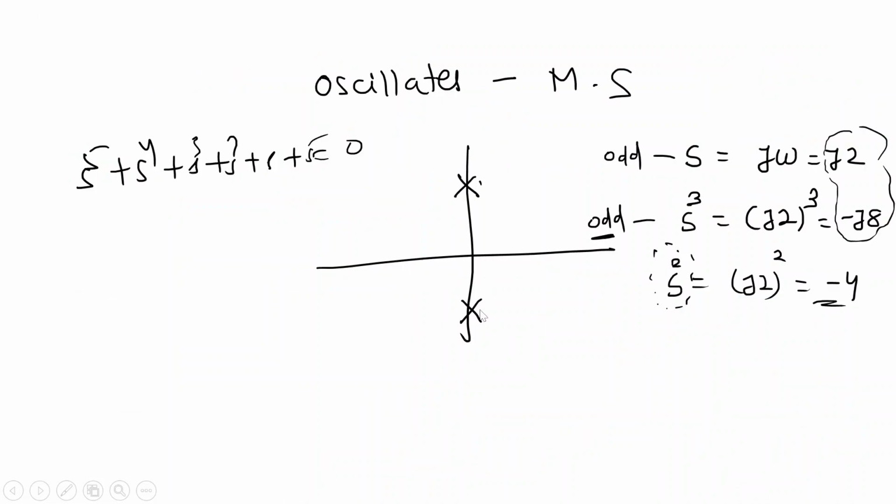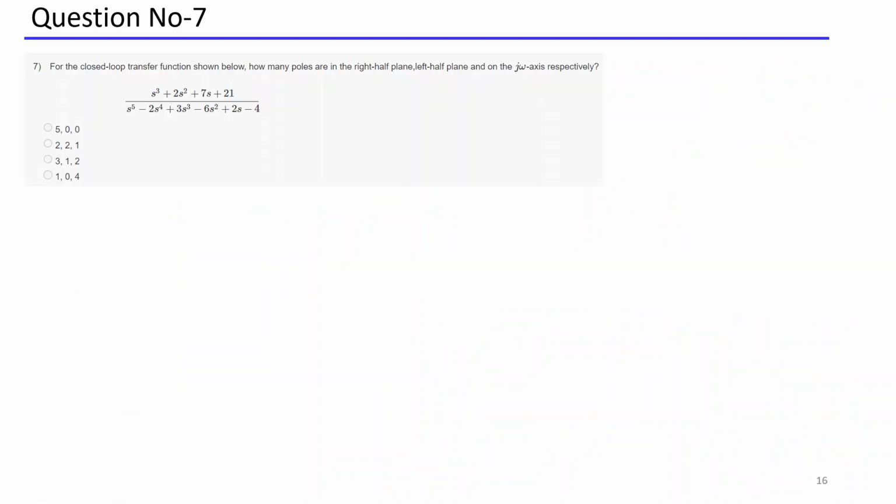To understand this better, look at this question and tell me whether you are able to solve it. Just read and tell me. How many poles are there in the right half plane, left half plane, and on the imaginary axis?